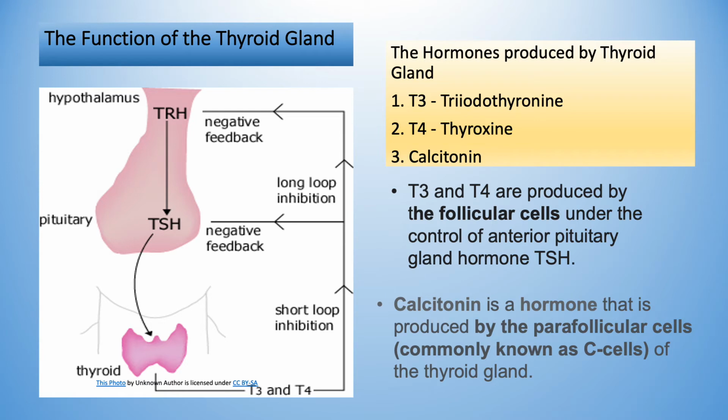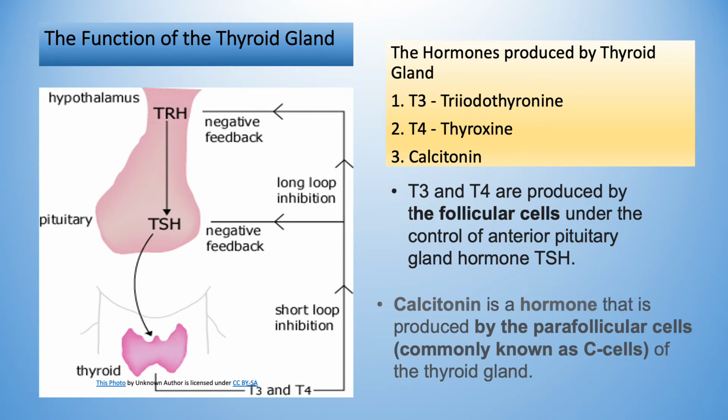TSH is controlled by the hypothalamus and a hormone released from the hypothalamus called thyroid releasing hormone. So the hypothalamus controls the anterior pituitary, which controls the thyroid gland's follicular cells to produce T3 and T4.